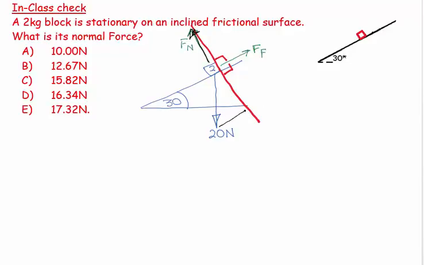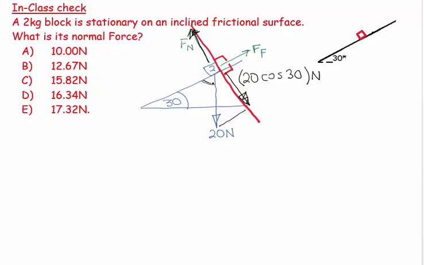This 20 newton, well, it's actually this force here. And I'm hoping you're getting to the stage where you can look at it and say, it's going to be 20 cosine of 30 newtons. And the way I got that was I recognized that this corner here is 30, which means that this angle here is 60 because it's part of a triangle.